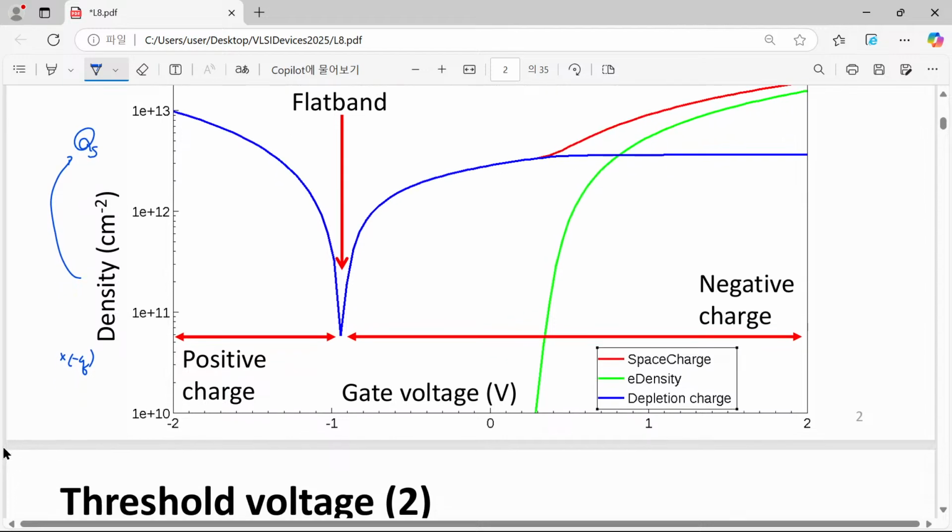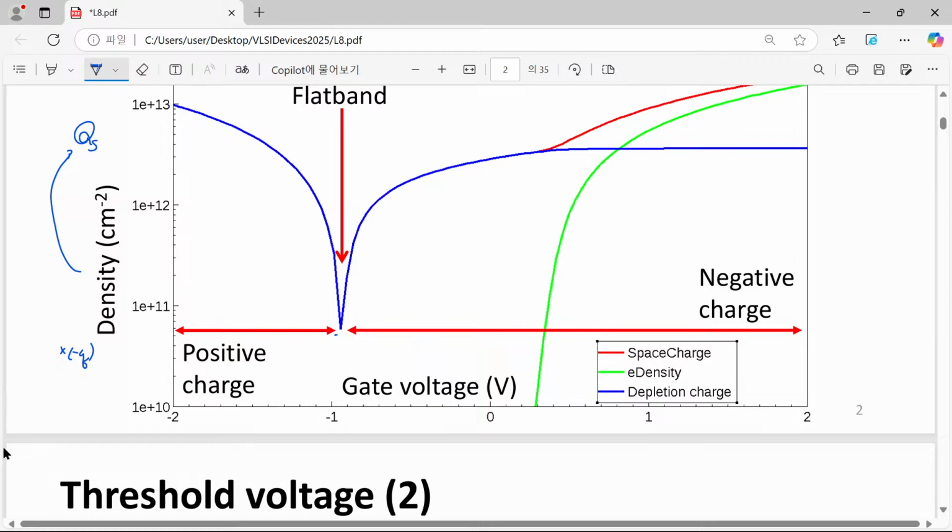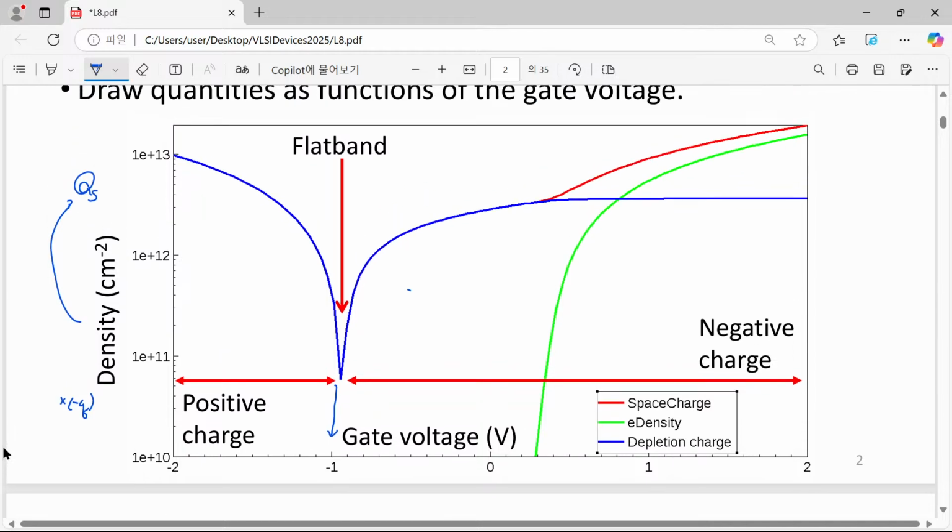Of course at flat band the charge itself becomes 0, so that's the reason why we have a very deep decrease here. And if we go to positive gate bias or negative gate bias, we will have negative charge collected in the substrate and positive charge in our silicon substrate. So that is normal.